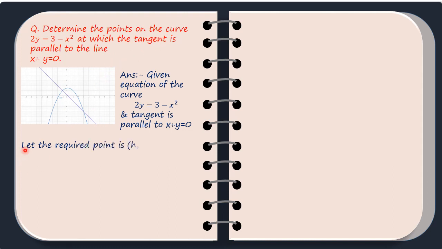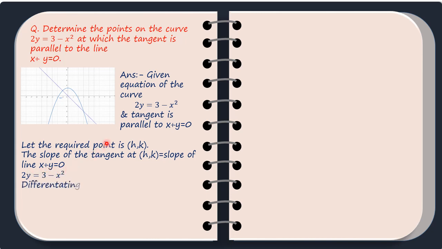Let the point of contact be h comma k. Then according to the question, the conclusion I can make is that the slope of the tangent at the point h k and the slope of the line x plus y is equal to 0 will be equal, since they are parallel lines.